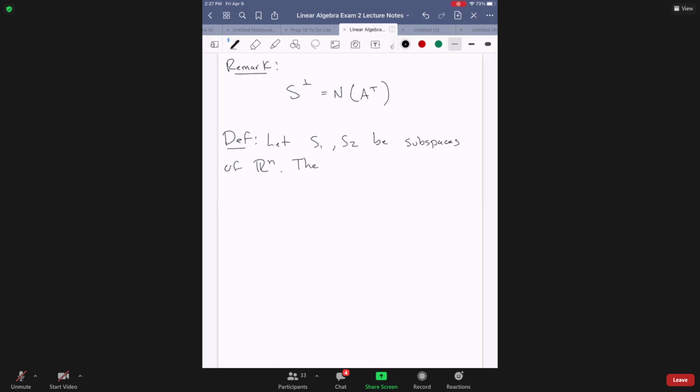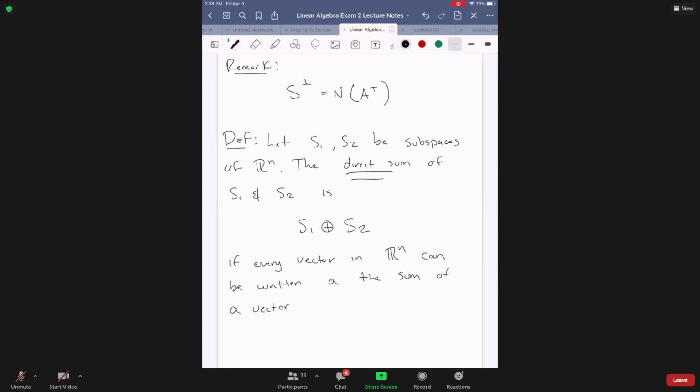The direct sum of S1 and S2 is denoted S1 ⊕ S2, the direct sum with this circle with a plus sign, if every vector in R^n can be written as the sum of a vector little s1 in S1 and a vector little s2 in S2.